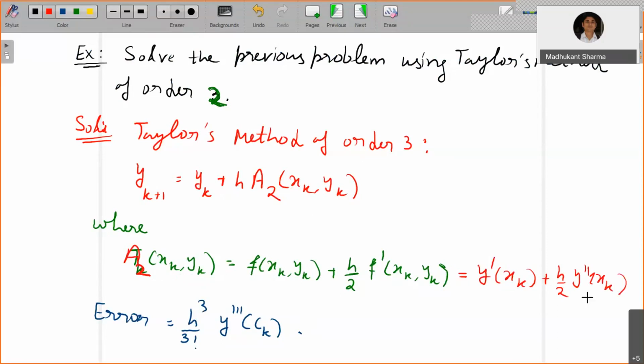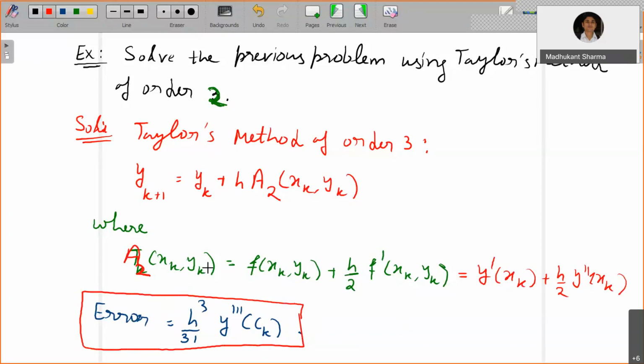Now see, y double dash we are replacing by f dash, meaning the total derivative; dash stands here for the total derivative. And the error is going to be h cube by 3 factorial. You can get it from the previous previous slide, and you can find that the error is nothing but O of h cube.